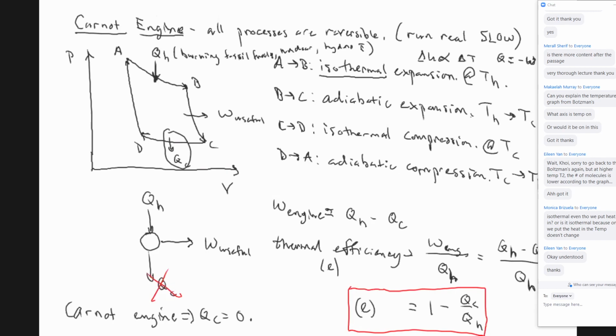But in real life, we know that there should be some QC since we calculate the thermal efficiency with QC over QH. Sorry, I made a mark there. I'm trying to delete it so someone doesn't get confused. Correct, thermal efficiency is 1 for a Carnot engine. It just means how well are you using the energy that you put in, right? So what is efficiency?